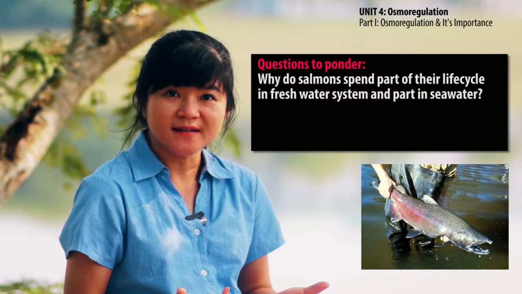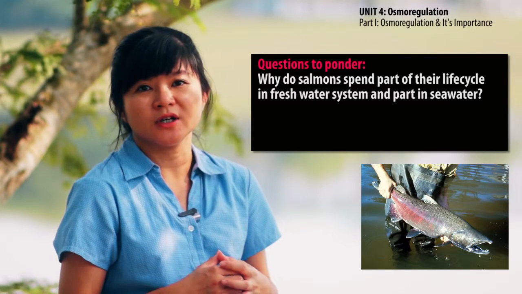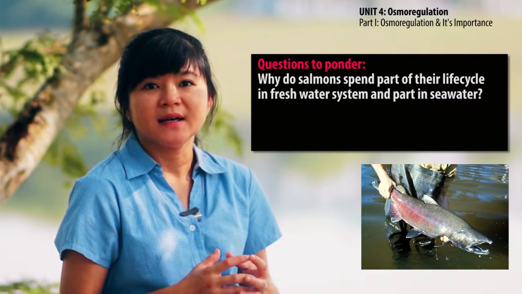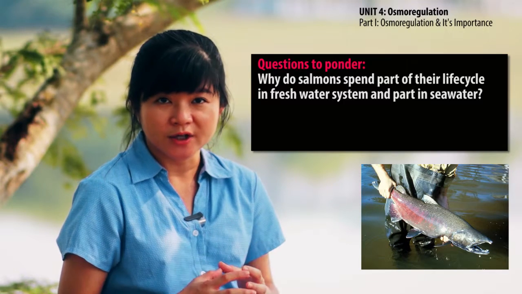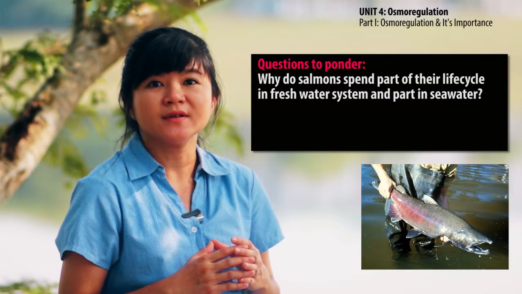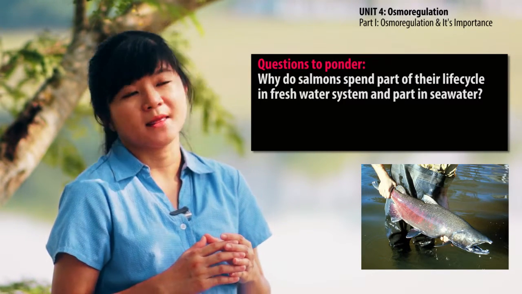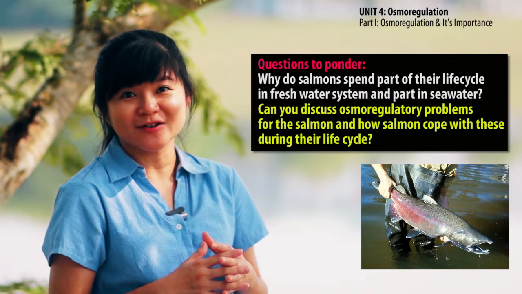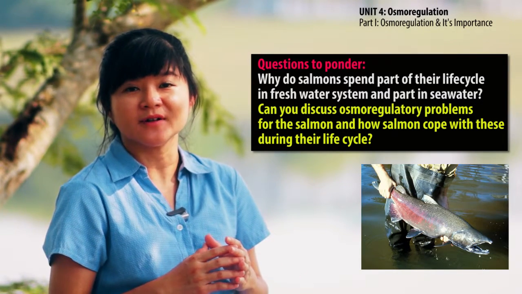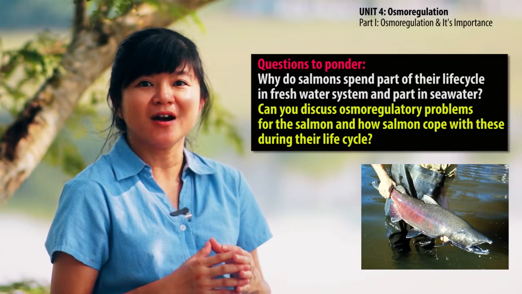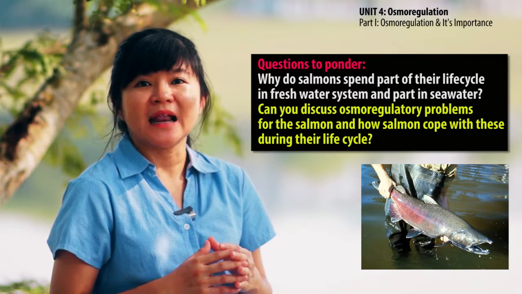Salmon are facing some serious physiological challenges to keep their body fluid concentration within a homeostatic limit. So can you discuss osmoregulatory problems for salmon and how salmon cope with this during their life cycles?